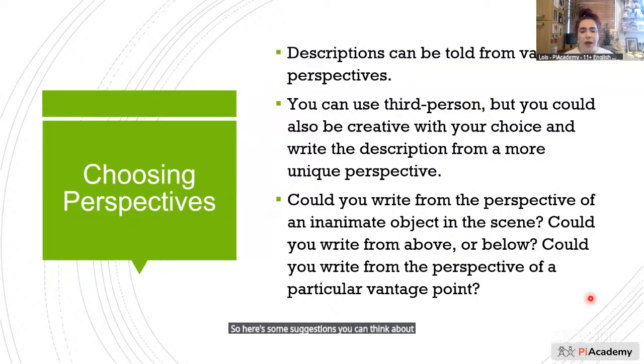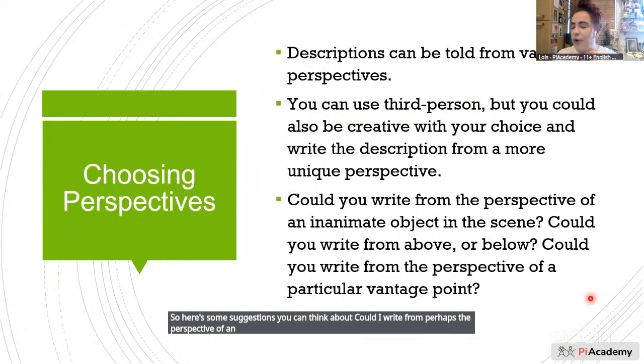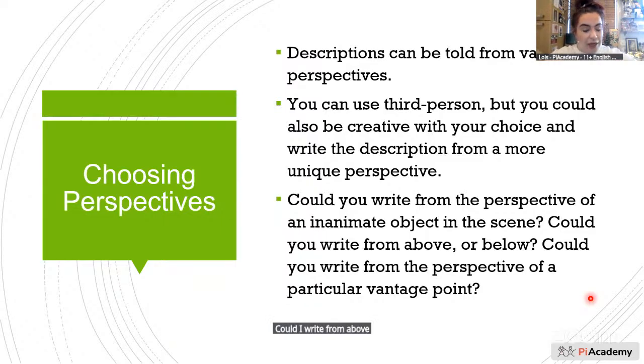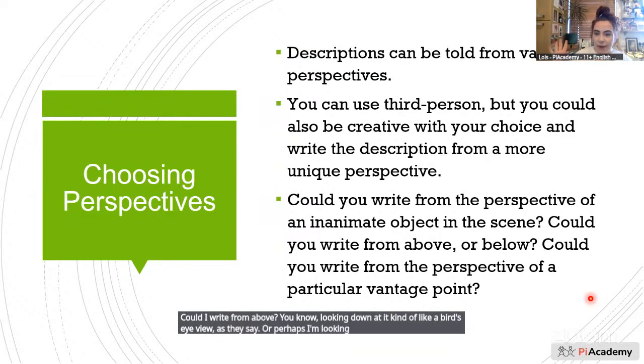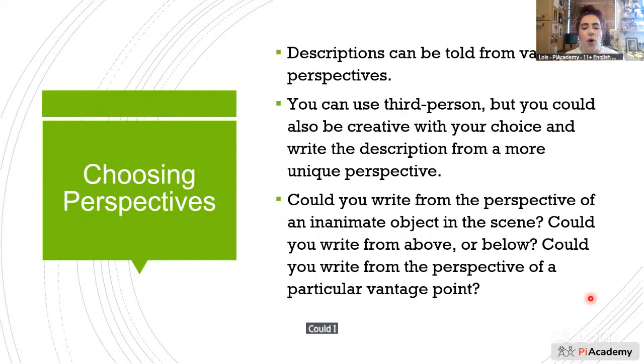Could I write from perhaps the perspective of an object in the scene itself? Could I write from above, looking down at it, a bird's eye view, as they say? Or perhaps I'm looking up at the scene. Could I write from a particular vantage point?